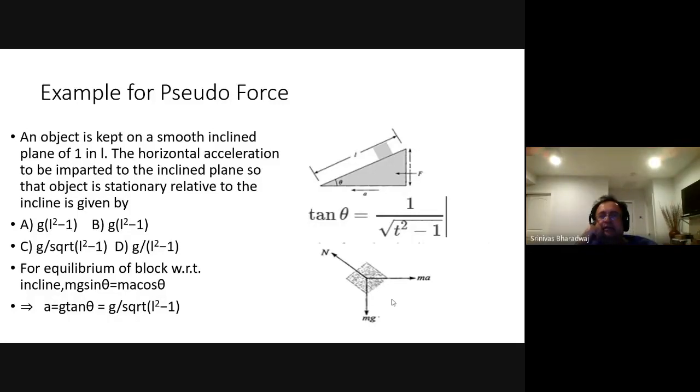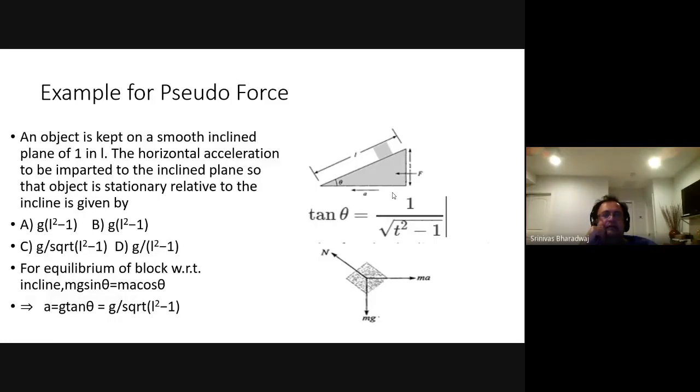Tan theta is 1 by square root of L square minus 1, from Pythagoras here. 1, L, this is square root of L square minus 1, right? So tan theta equals a by g, right?